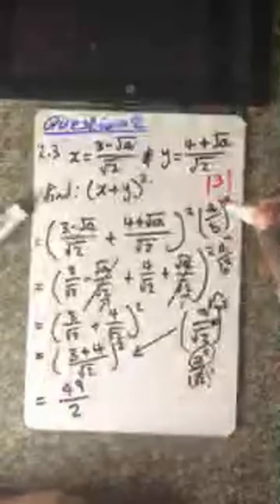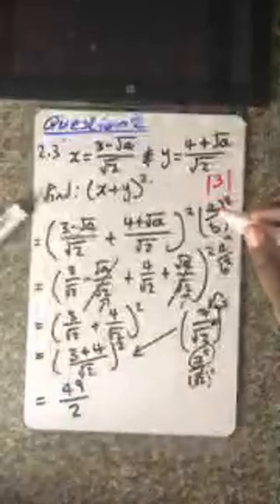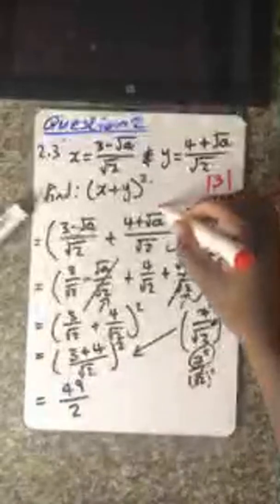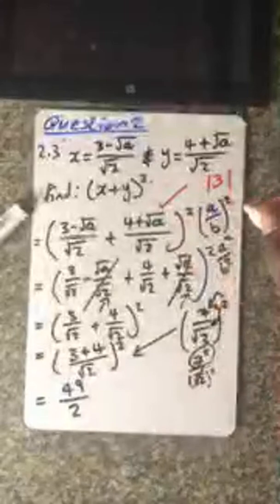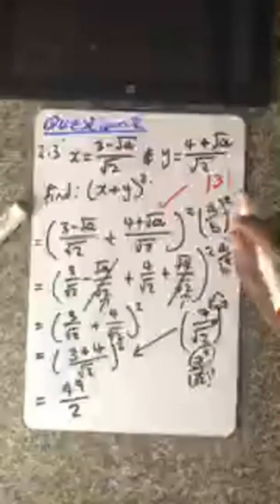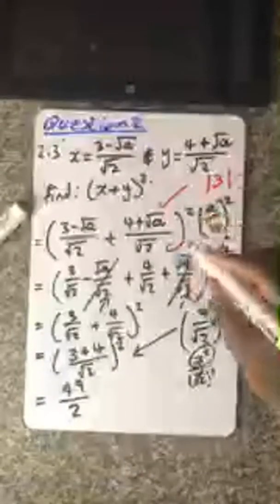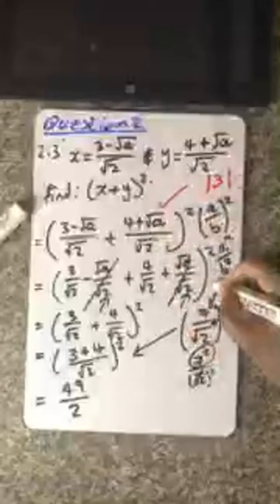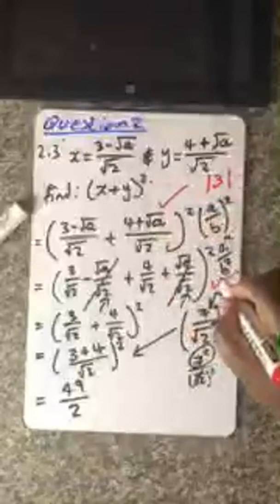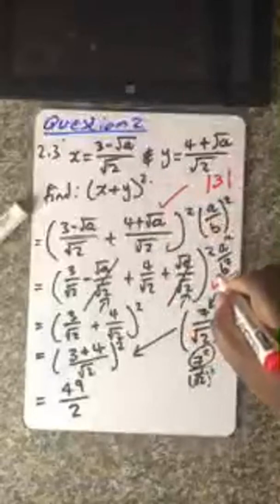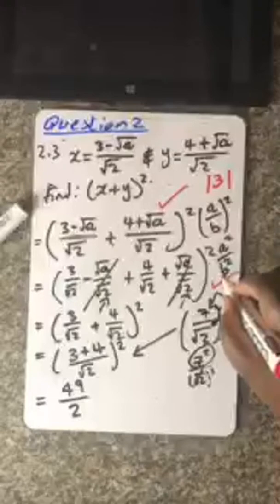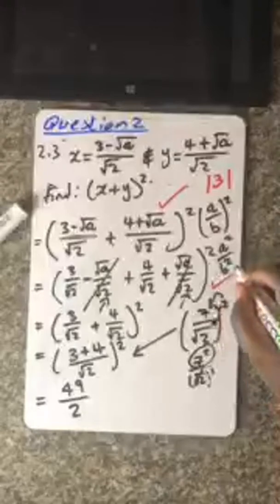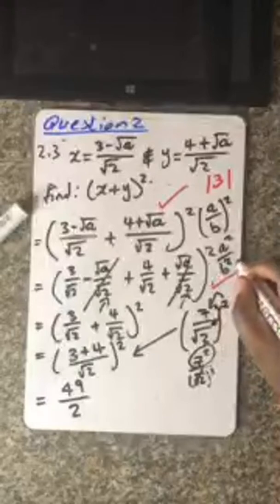So now we need to give you some marks. For you to substitute correctly, we give you a mark. Most importantly, for expanding all of this, we give you a mark. Your other mark will come from your final answer.